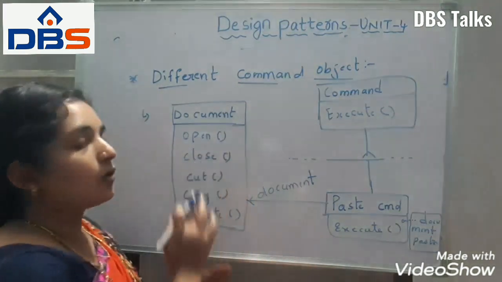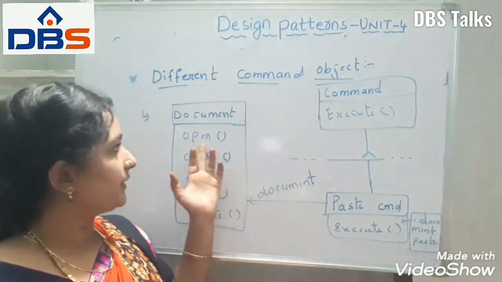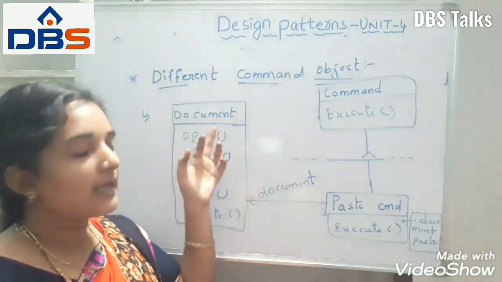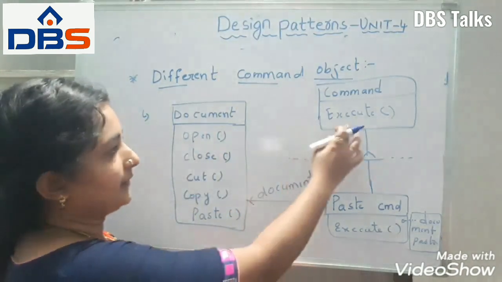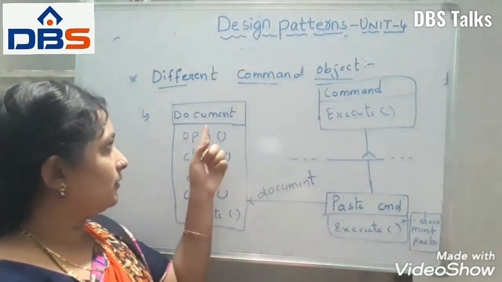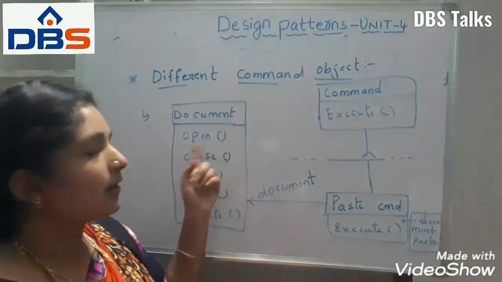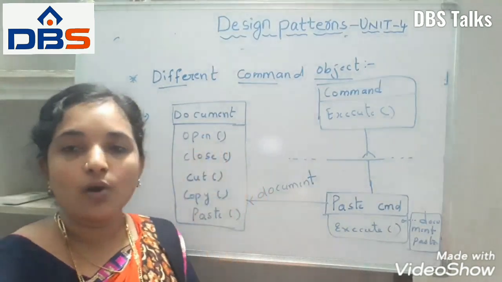Here the receiver object acts as the document object, and the execute method will call the document method called the open method. That is the working of the open command.